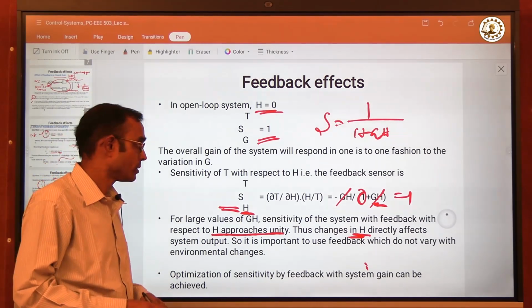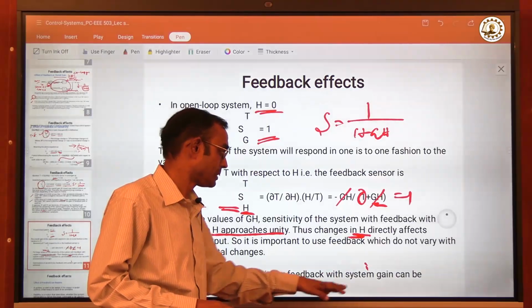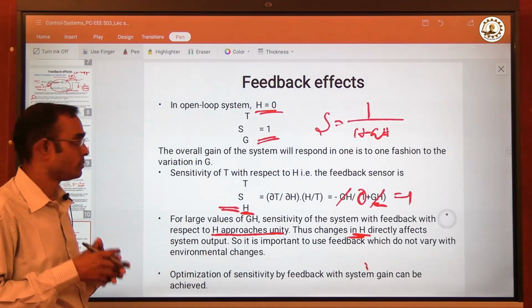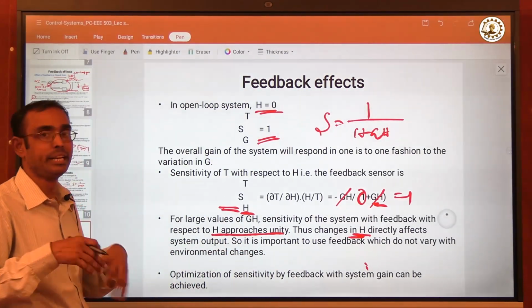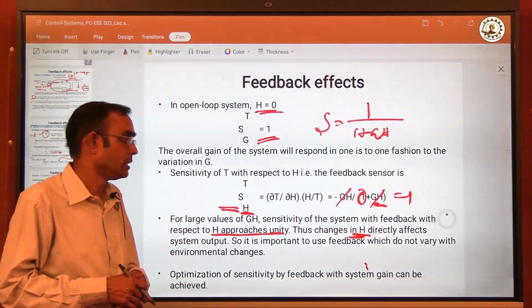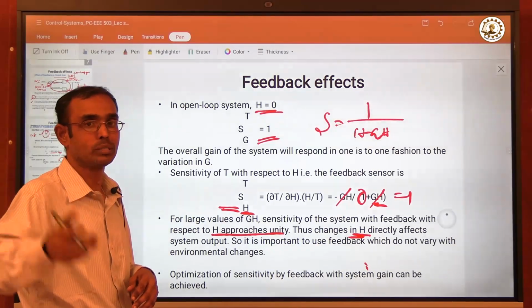Therefore, the sensitivity can be optimized by feedback with system gain. Finally, seeing these different cases of sensitivity analysis, we need to optimize the sensitivity while using feedback in a control system, with respect to the system gain.